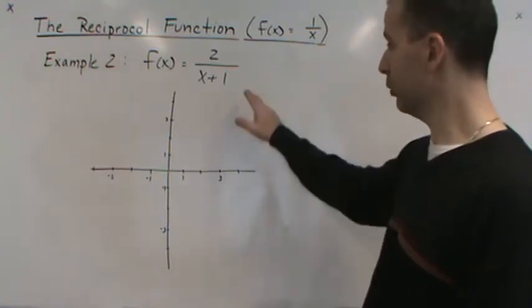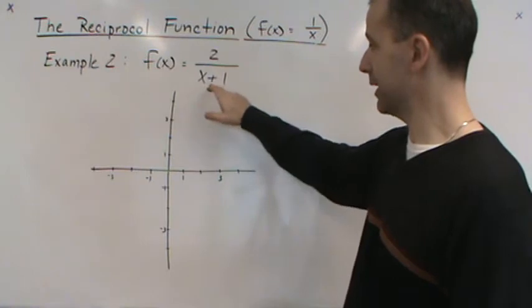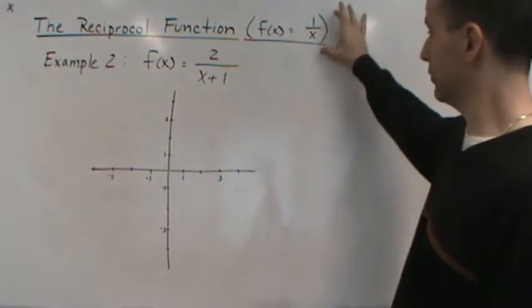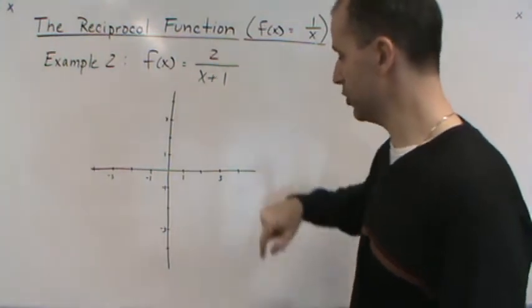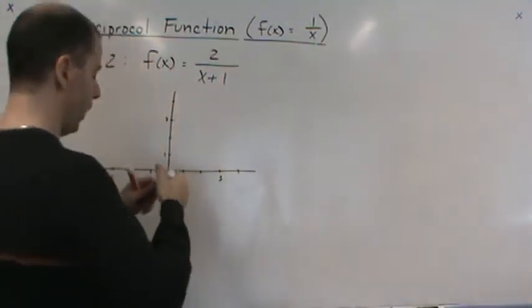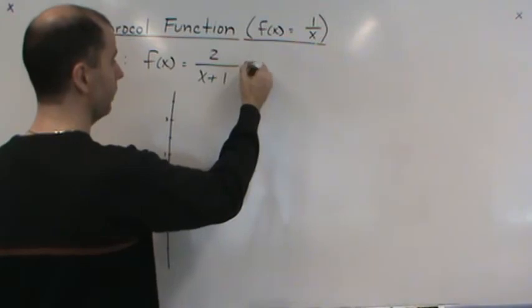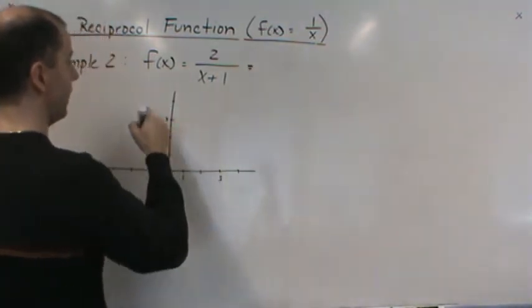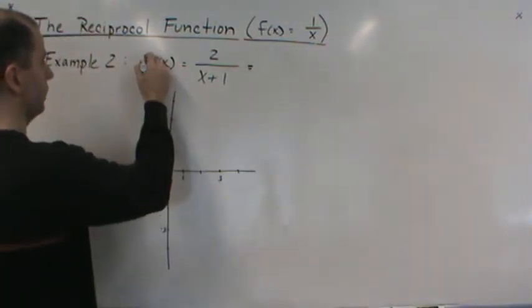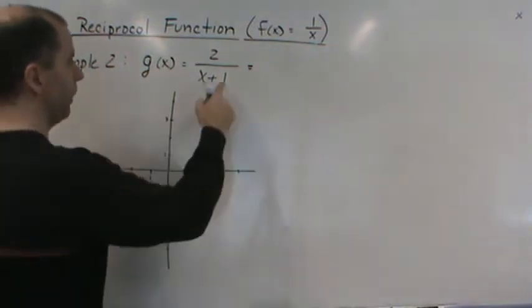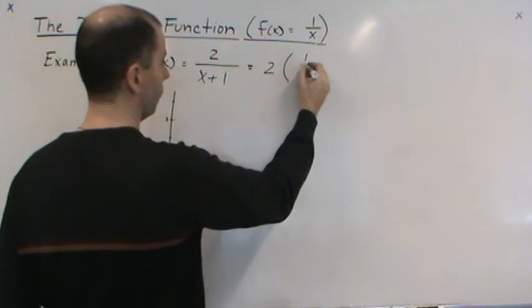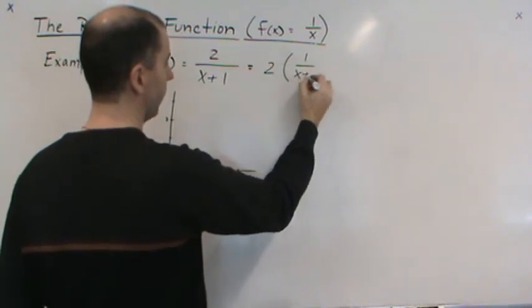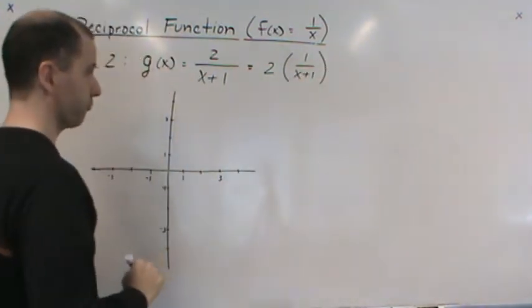Okay, so here we've got 2 divided by x plus 1. Now notice it looks similar to a reciprocal function, except we're multiplying by 2. So if you wanted to rewrite this to see it better, let's make this g of x. We can rewrite this as 2 times 1 over x plus 1, right?